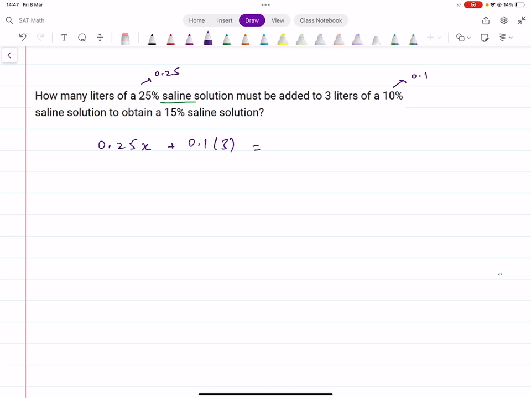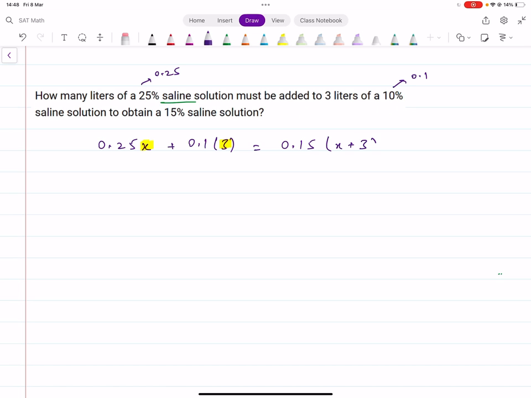What should the result be at the end? The final result needs to be 15% saline. What that means is the final amount of salt that you have should be 0.15 multiplied by whatever is the total amount of water at this point. Now you had X liters of the first saline solution, and you had 3 liters of the second saline solution. What's the total amount of water after this?